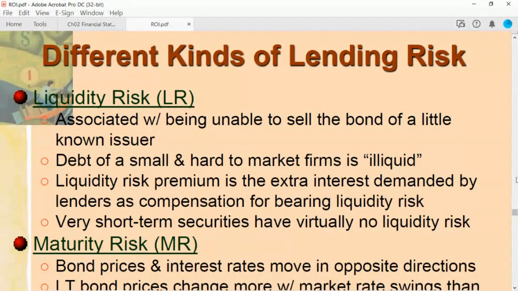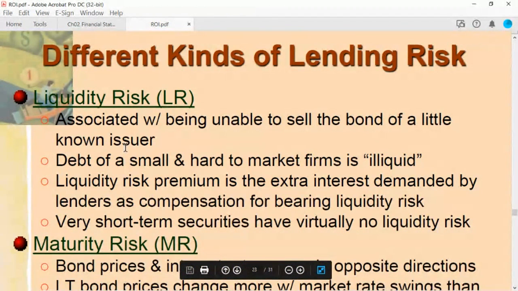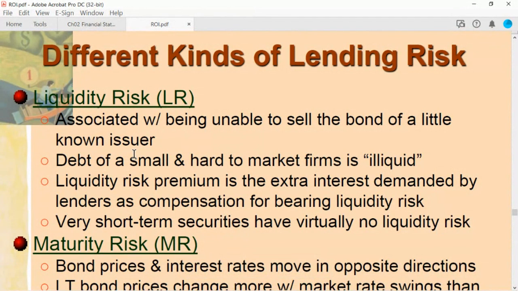Default risk from one individual borrower to another is all different. So it's borrower specific. Liquidity risk is also borrower specific. Liquidity risk is the risk associated with being unable to sell the bond of a little known issuer. Now, a bond from a little known company is not easy to sell, I mean, if you're already holding it.